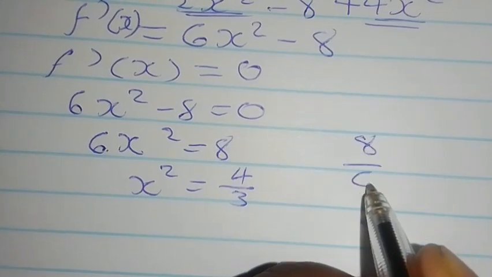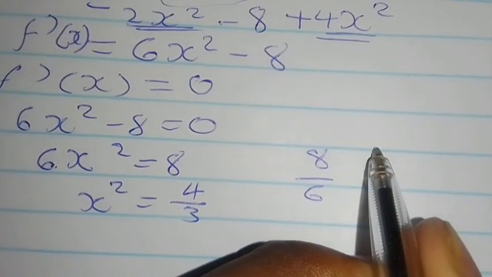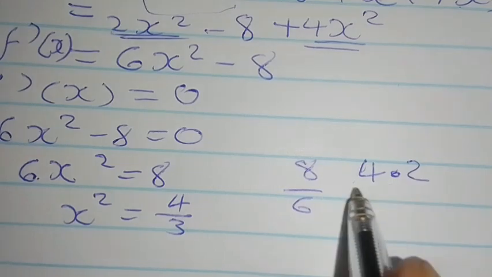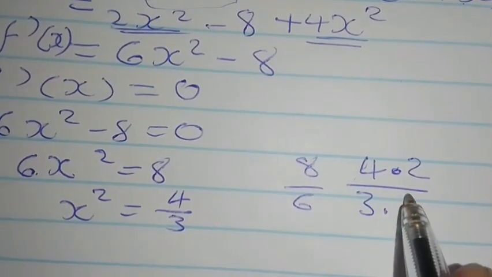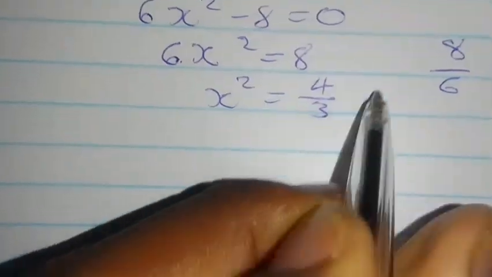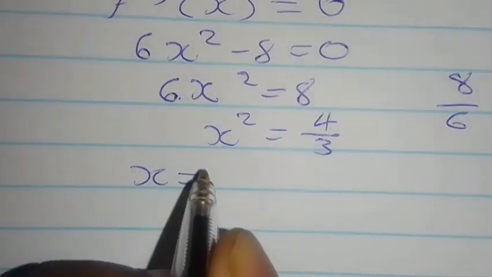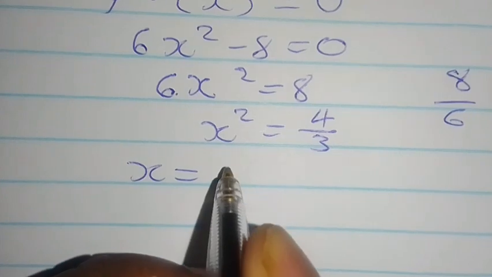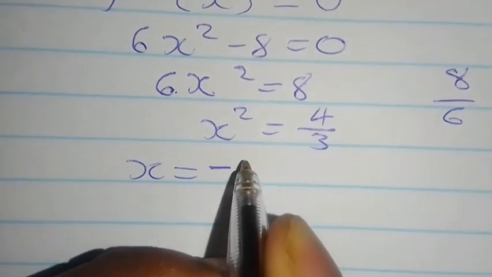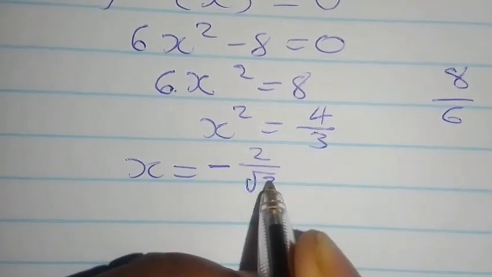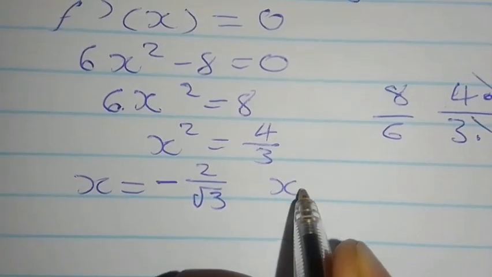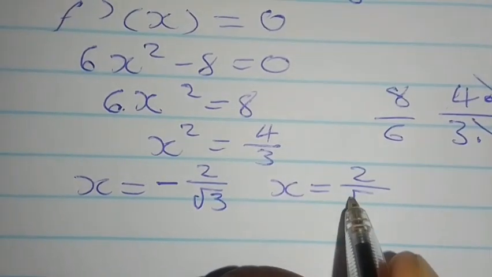You have 8 over 6. Notice that 8 is the same as 4 multiplied by 2, and 6 is the same as 3 multiplied by 2. The 2's will cancel, and then you'll get this. If you take the square root of both sides, you'll get that x equals minus 2 over root 3, or x equals 2 over root 3.